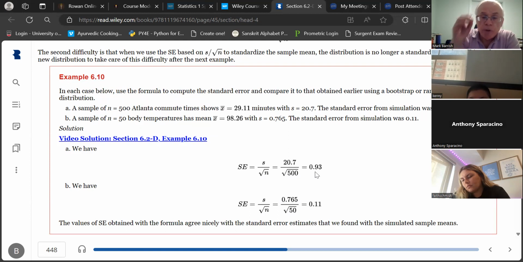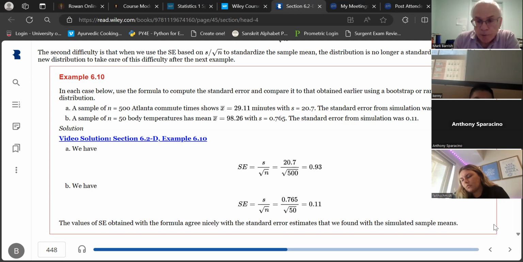It's very important to remember that when you're dealing with a sampling distribution, this is the formula we're going to be using if it's a confidence interval estimating a mean, or if it's a hypothesis test about a mean. So the standard error will use this particular formula.